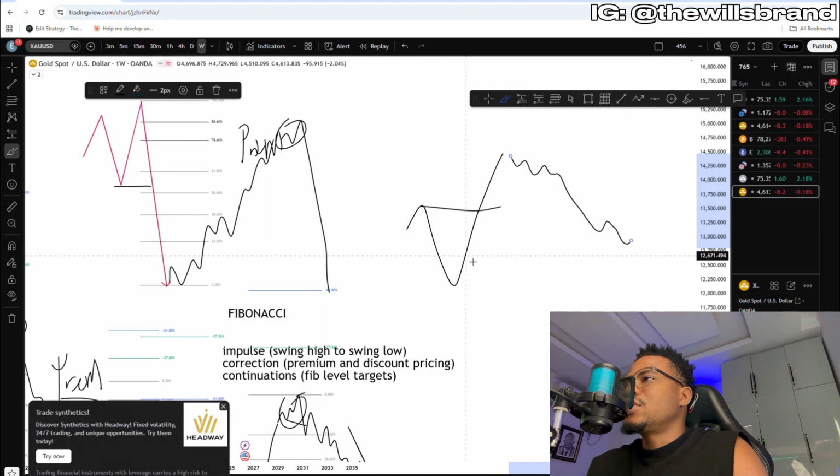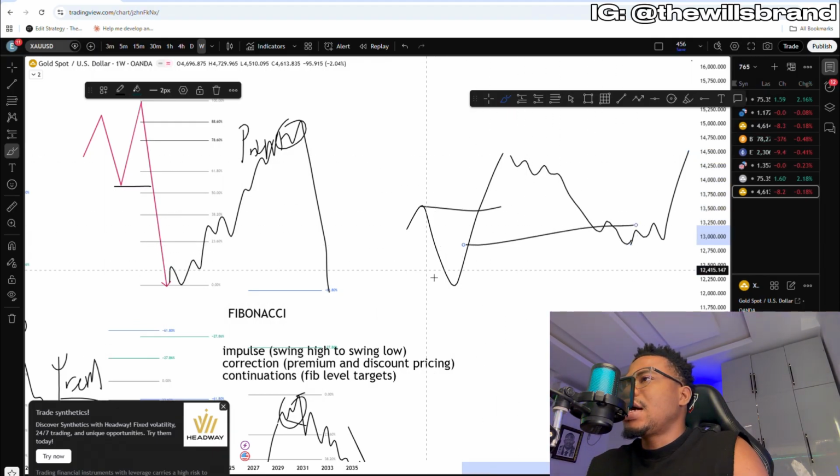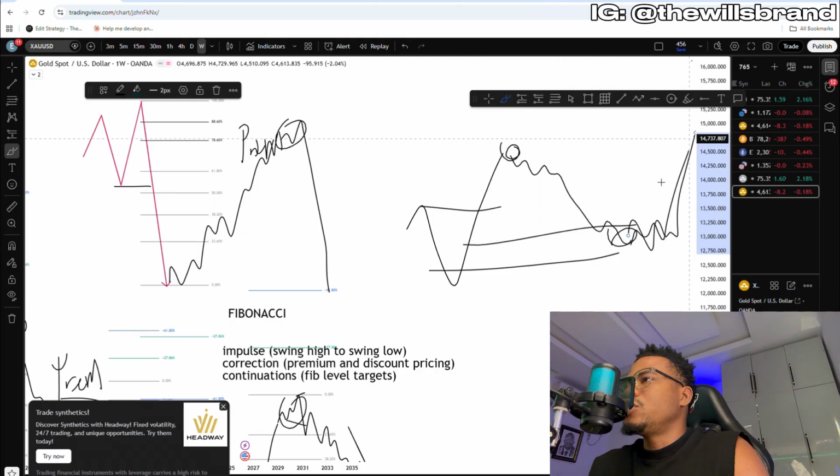You don't know where price is going to stop and start the continuation. Or let's say you don't know, but there are specific areas where price stops and starts the continuation, and those areas are key levels. So once price makes the impulse and starts to show signs of correction, all you have to do is mark your key levels and wait for price to come to those areas. Then look out for change of character for continuation, right?